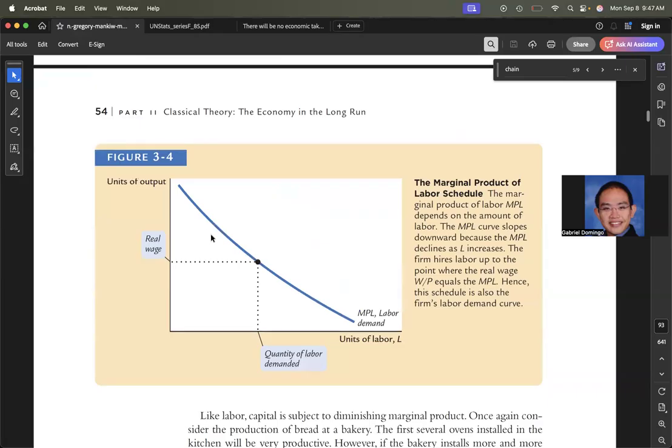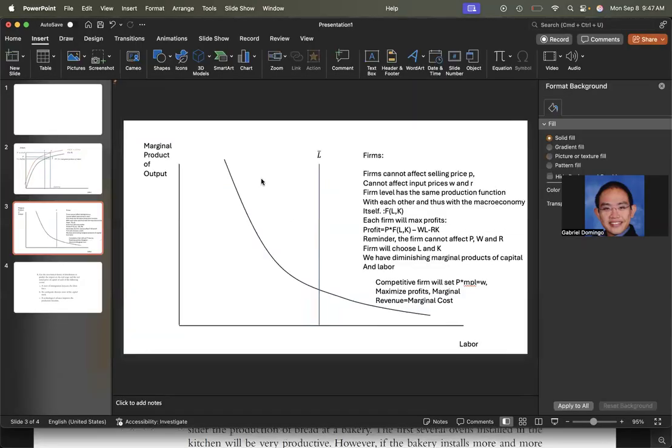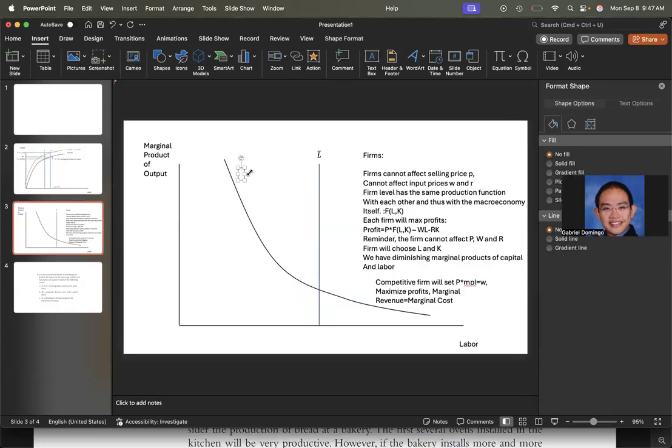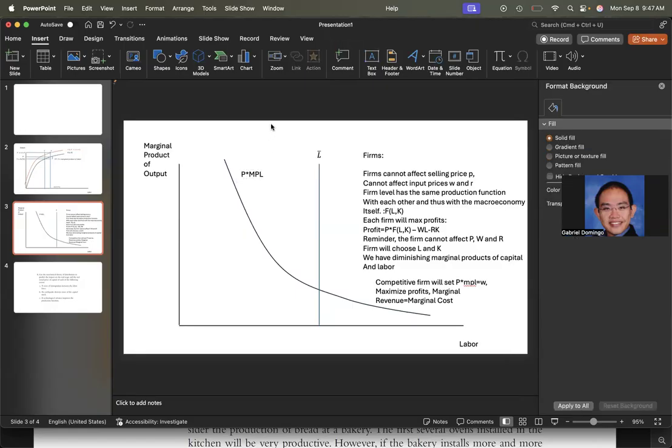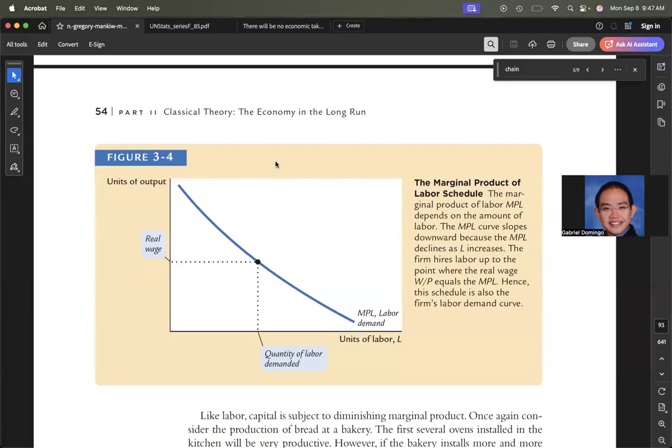Now, in fact, this downward sloping line that we have here, and this is where we will end, this downward sloping line here is in fact price times marginal product of labor. Okay? Price times marginal product of labor.